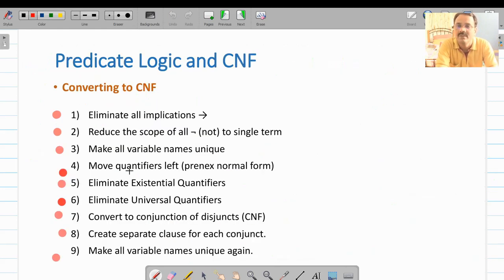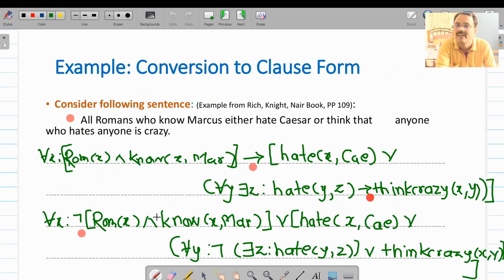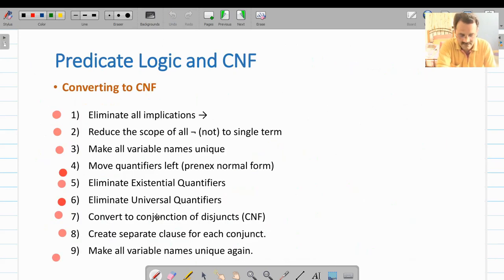Step 5, remove existential quantifier. So you will find out there is no existential quantifier. So step number 5 is also not required. Then step 6. Step 6 is eliminate universal quantifier.